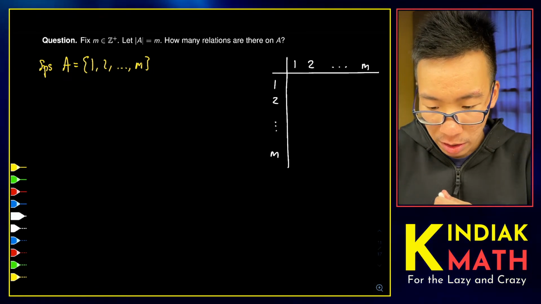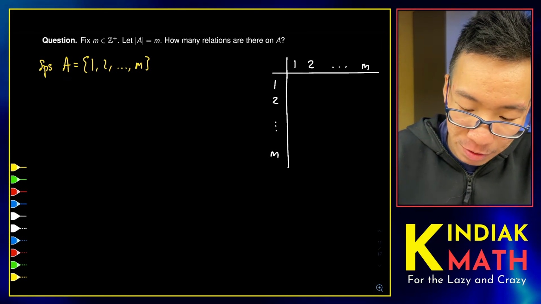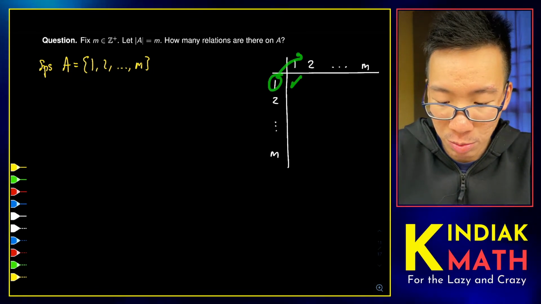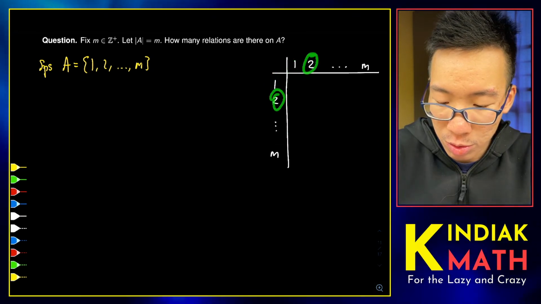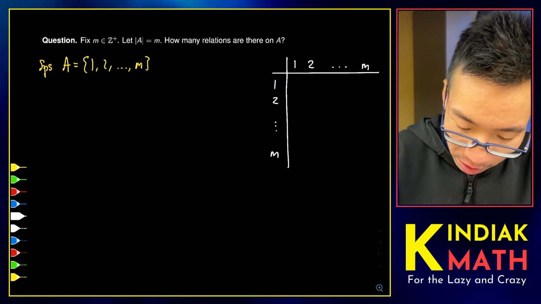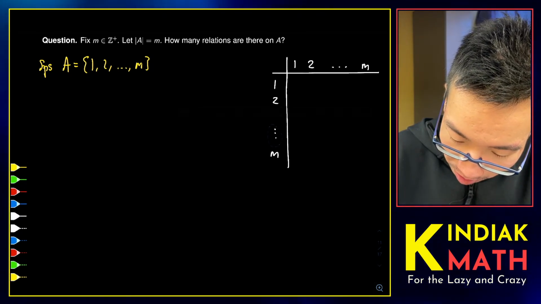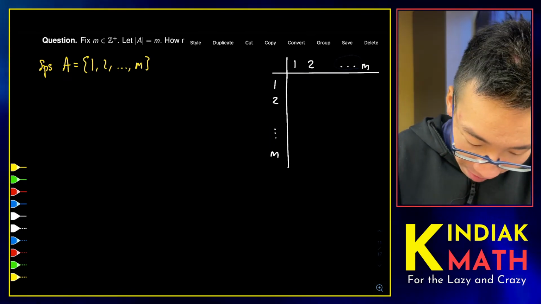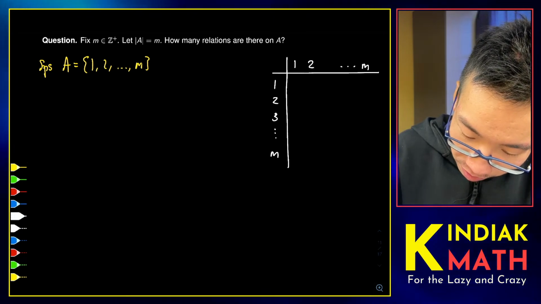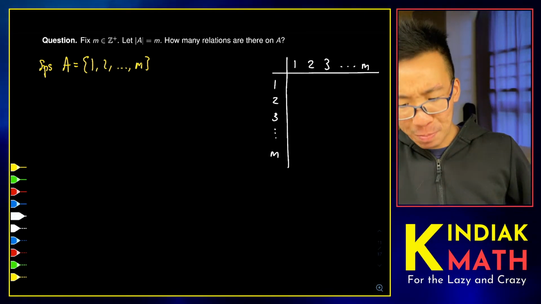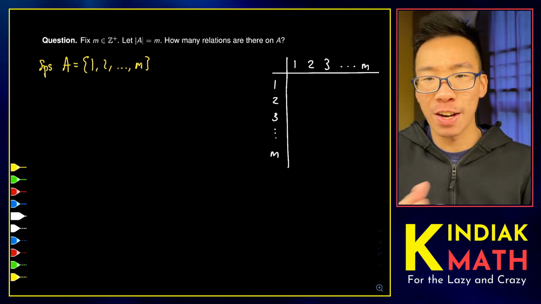And each box here represents a relation from A to A, right? From 1 to 1, and from 2 to 2, and so on and so forth. I'm going to include 3 here because we might find it of relative use later on. Okay, so how many relations are there?